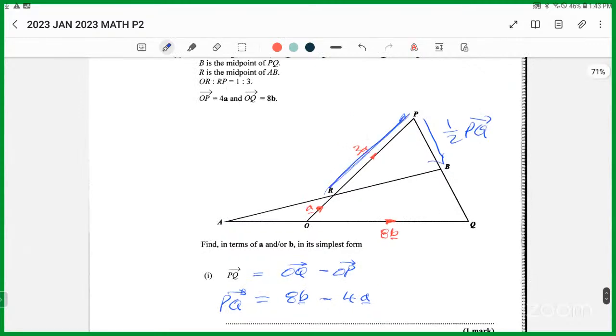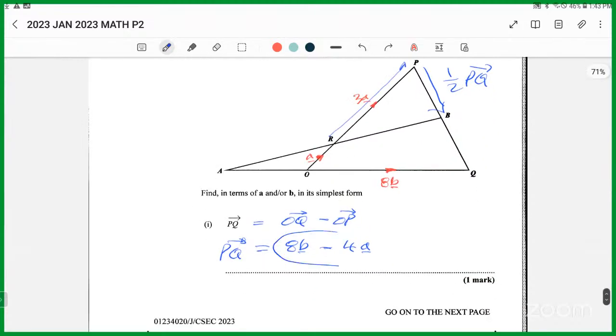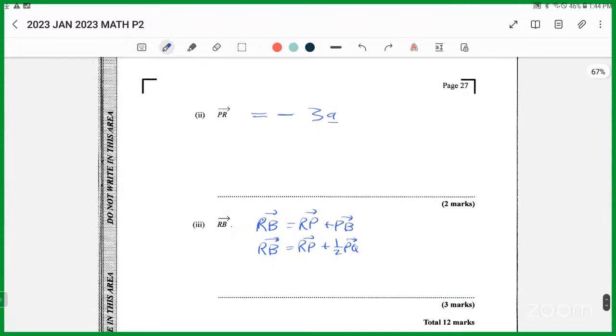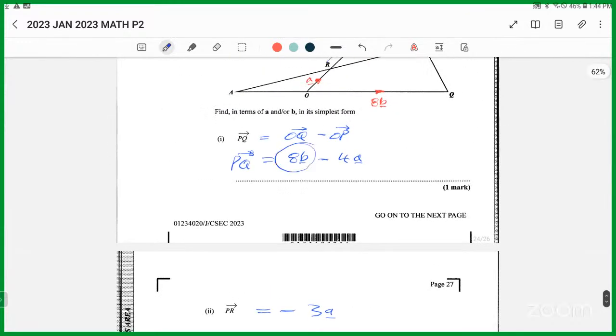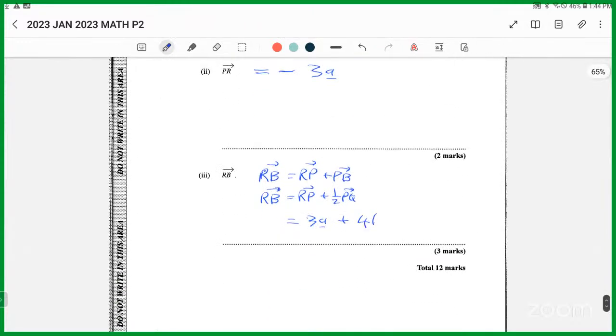And then half of PQ is half of this. Half of this is 4B minus 2A. So it becomes 3A plus 4B minus 2A.